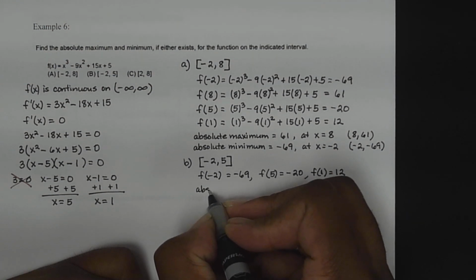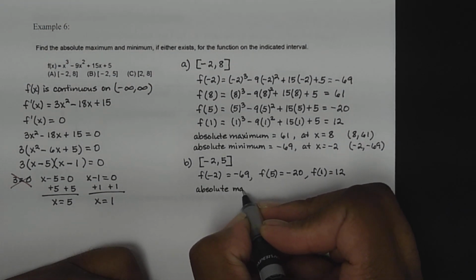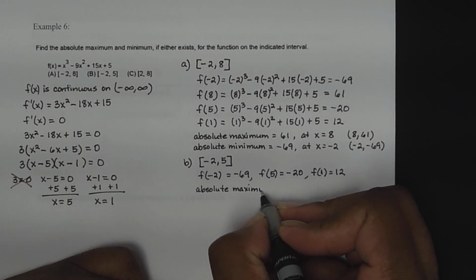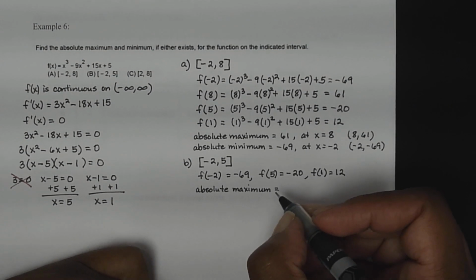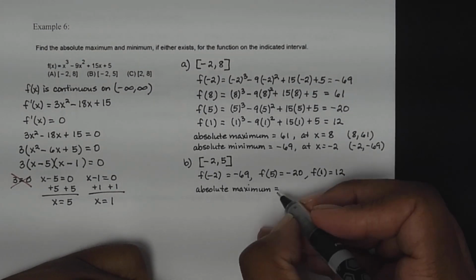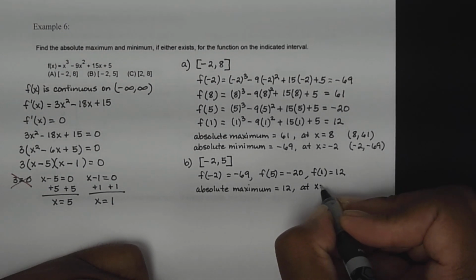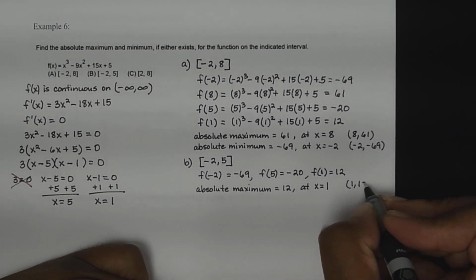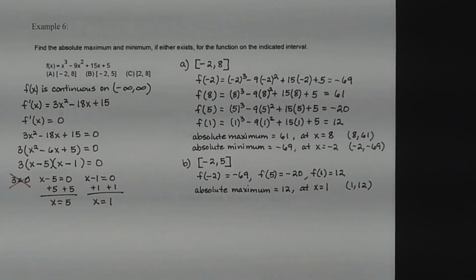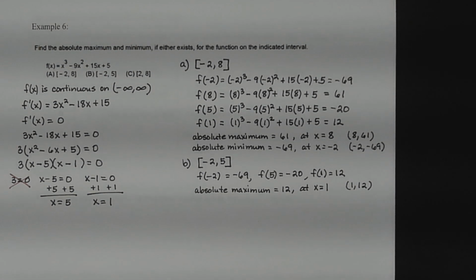So the absolute maximum is going to be the larger of those values here. And in this case, the highest is 12. So the absolute maximum is 12. It occurs at x equals 1. And again, the ordered pair 1, 12 might sometimes be used to identify the absolute maximum.